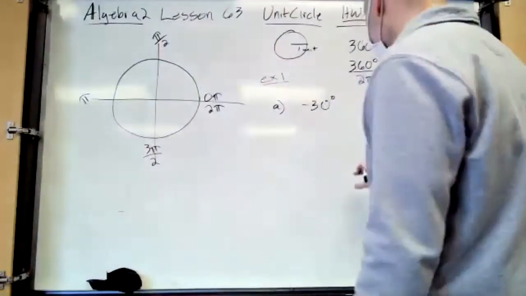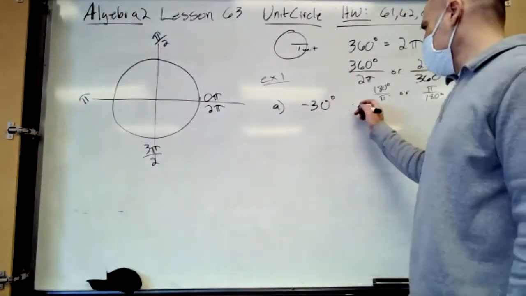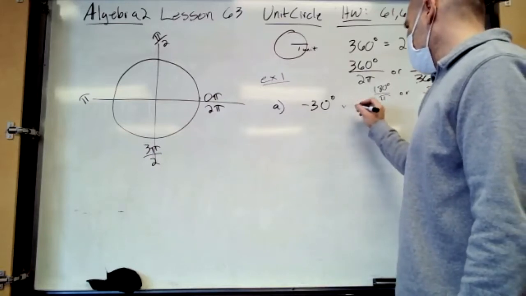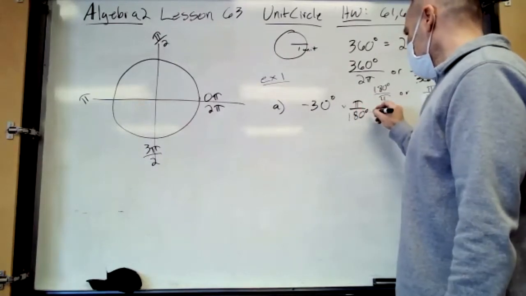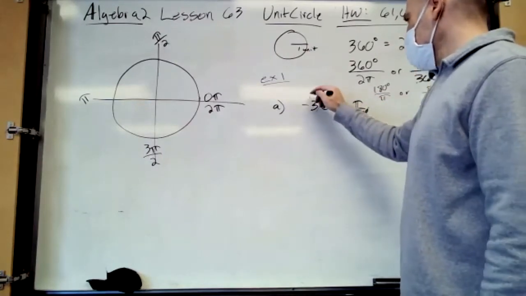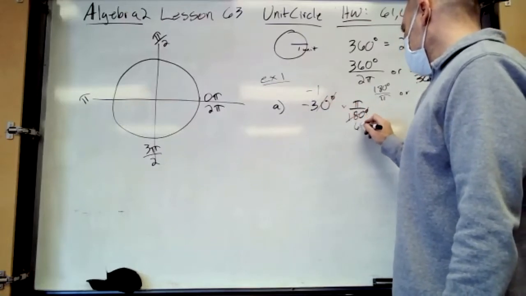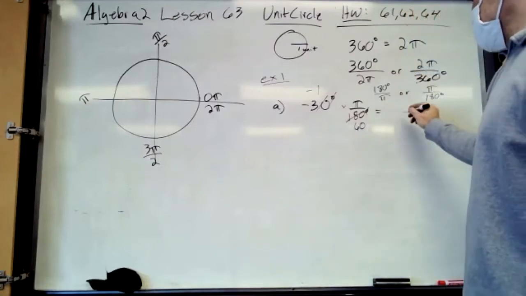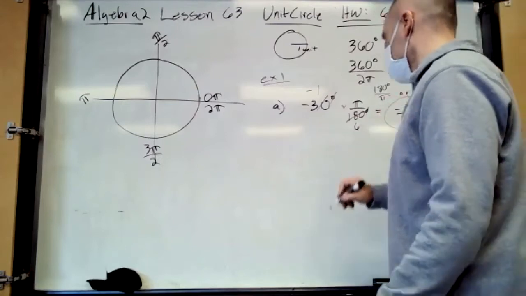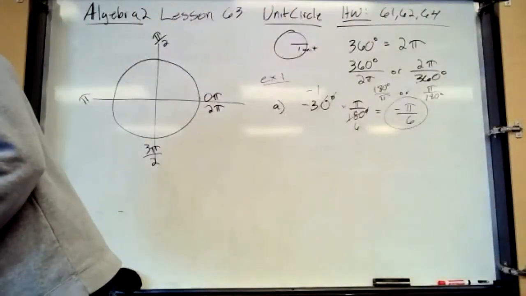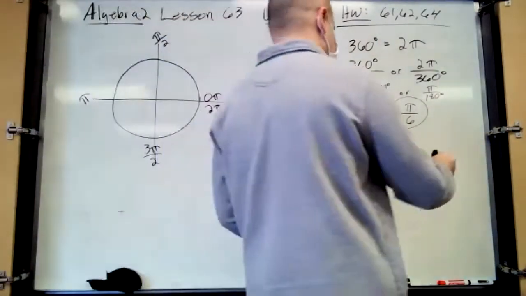So if I want to convert negative 30 degrees to radians, I want to be able to cancel my degrees, so I want to go pi over 180 degrees. The degrees cancel, then you get negative 1 over 6, so you get negative pi over 6. So that's how many radians it is, and then you would just label that radians.